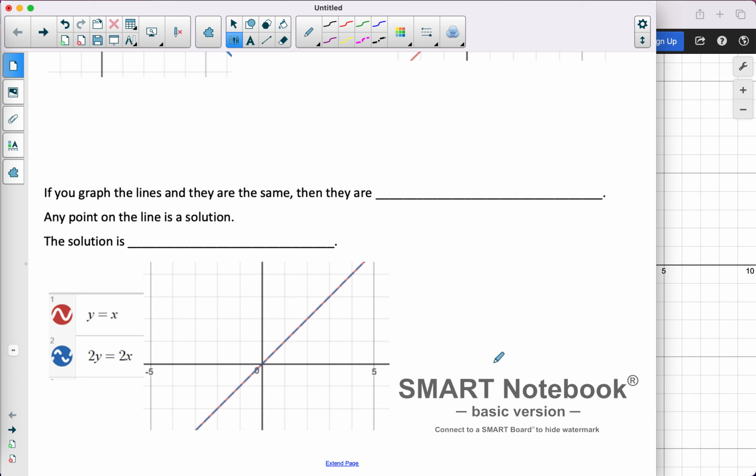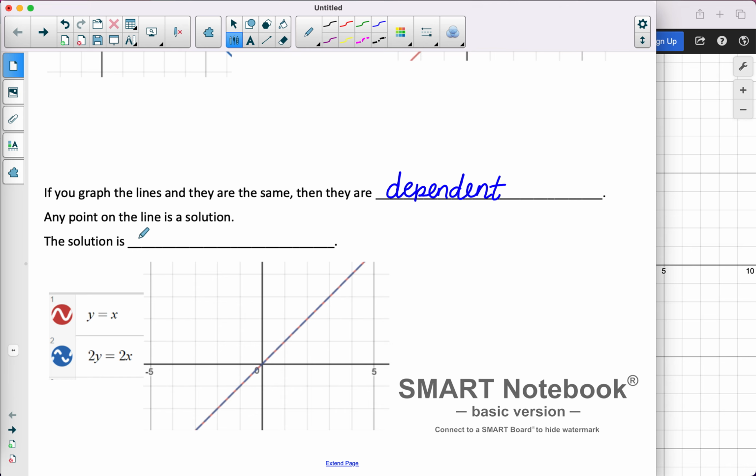If we are graphing the two lines and they end up being the exact same, two lines on top of each other, this is what we would call a dependent system. The answer would depend on that specific relationship between x and y that's forming the line. So any point on that line is a solution.